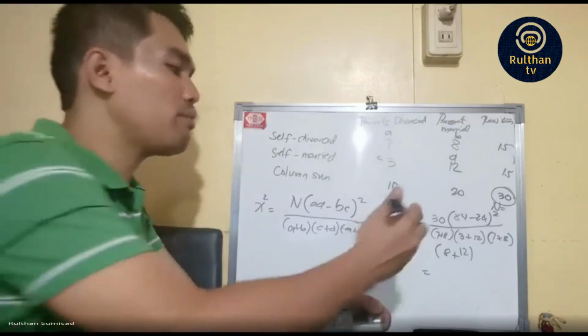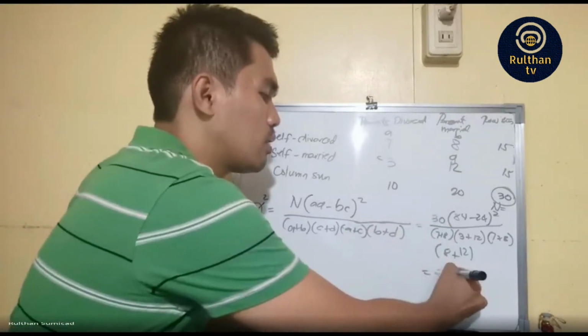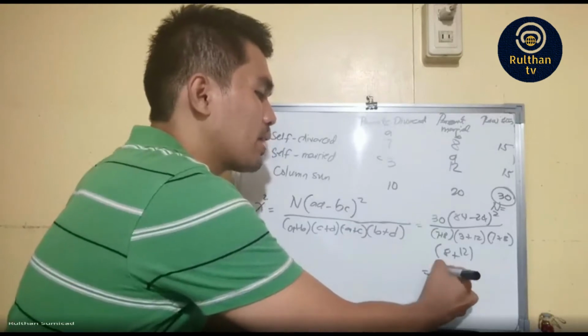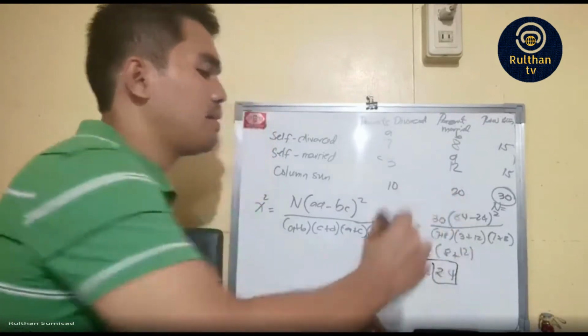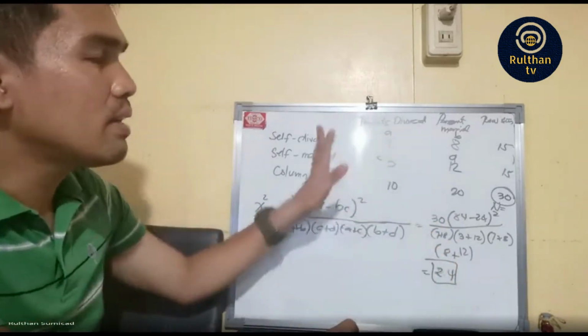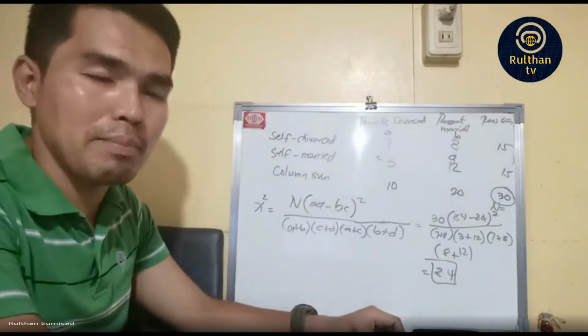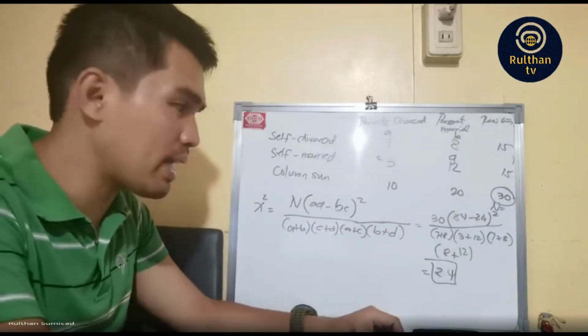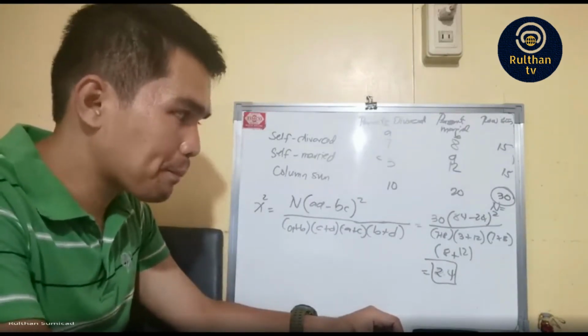We have 2.4 as our computed value. Well, this is only applicable if it is a contingency table, meaning we have a 2 by 2 categorical data. So that's 2.4.